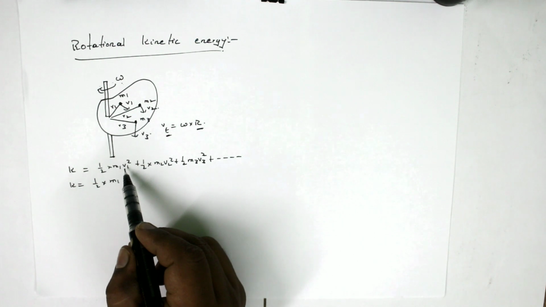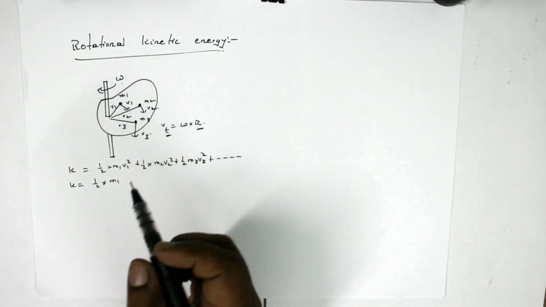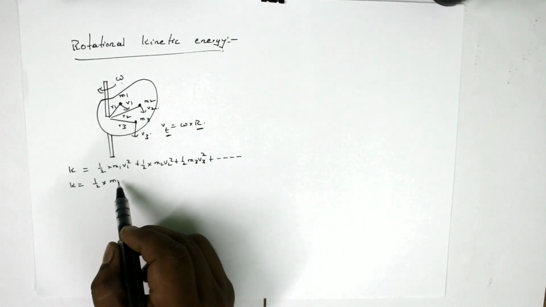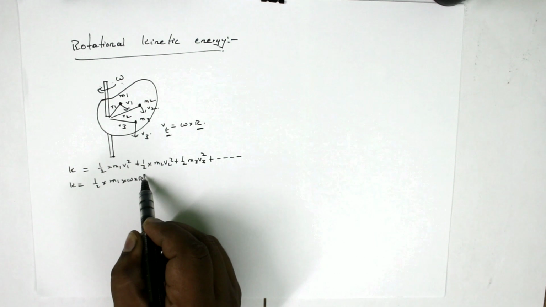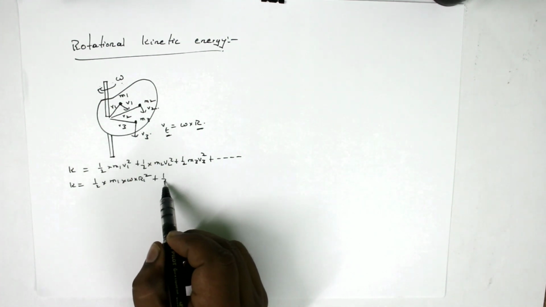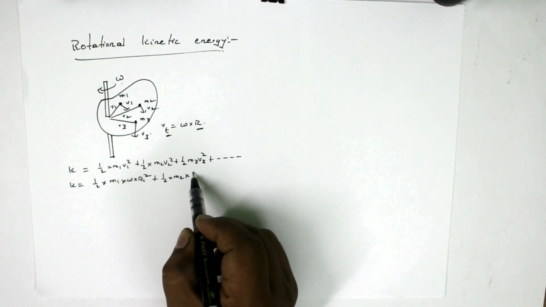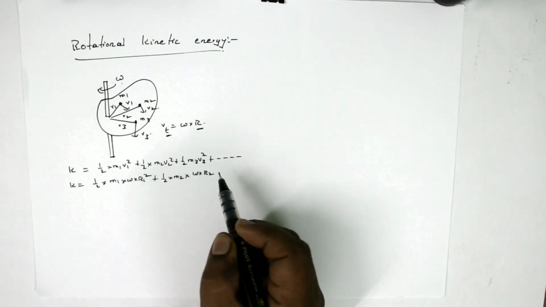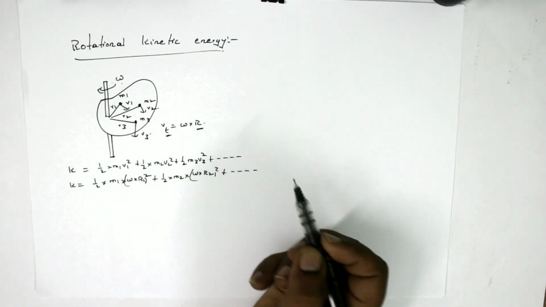Therefore, instead of v1 for the first particle, which is at a distance of r1, I can write half m1 into omega r1, whole square. For the second particle, half m2 into, instead of v2, I will write omega r2, whole square, and this goes on.